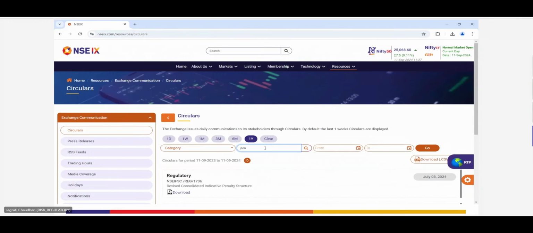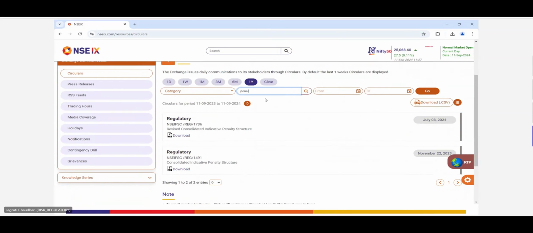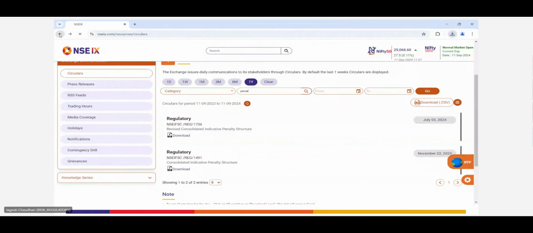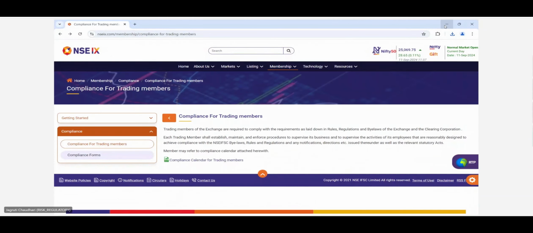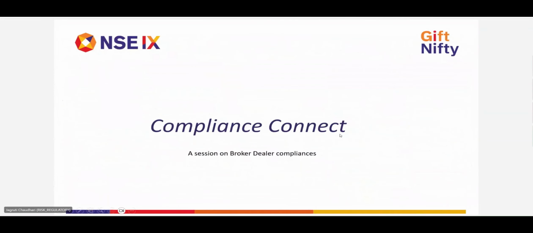So there is a penalty circular, and I can check it out there. As I already mentioned, all the compliances are mentioned in the compliance calendar.